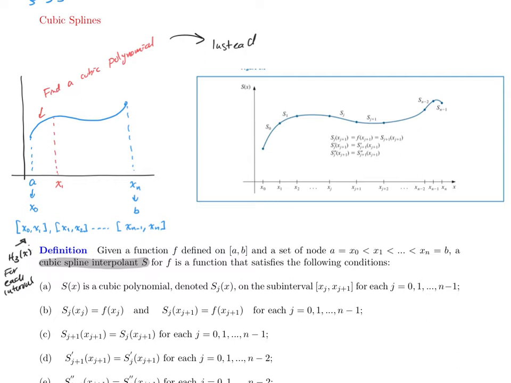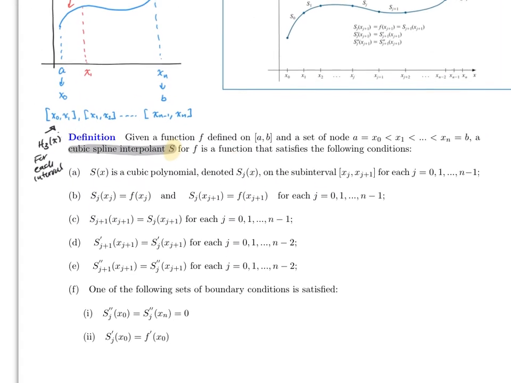Okay? So that's the idea. You find a cubic polynomial here, a cubic polynomial here, and so forth, and then you create a piecewise function, which is what we're going to call S of x, and that will be the cubic spline interpolant S.